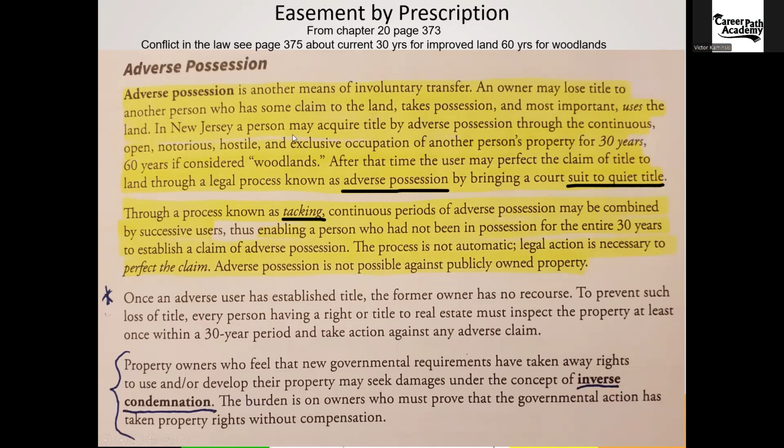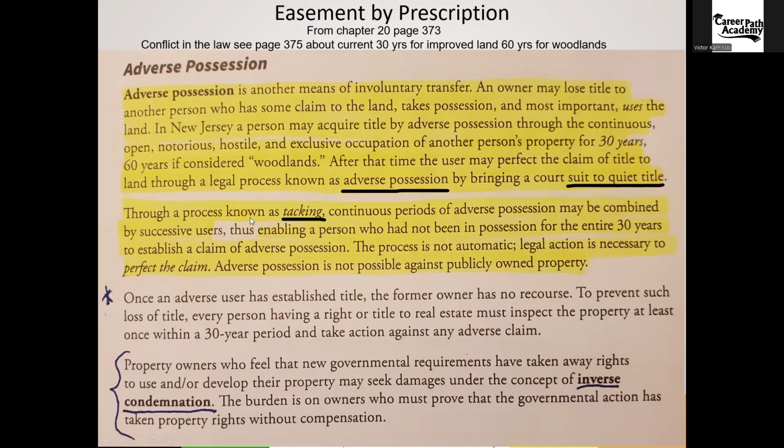And in New Jersey, a person may acquire title by adverse possession through the continuous, open, notorious, hostile, and exclusive occupation of another person's property for 30 years for improved lands, 60 years for vacant or unimproved woodlands. After that time, the user may perfect the claim to title through a legal process known as adverse possession by bringing a court suit to quiet title.